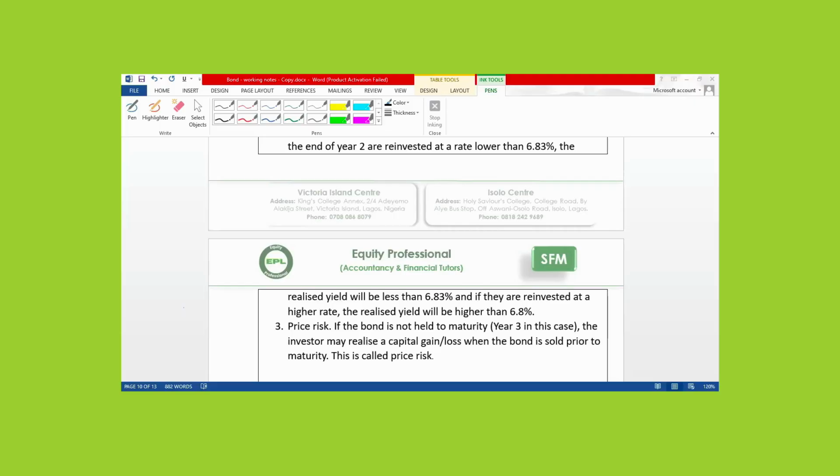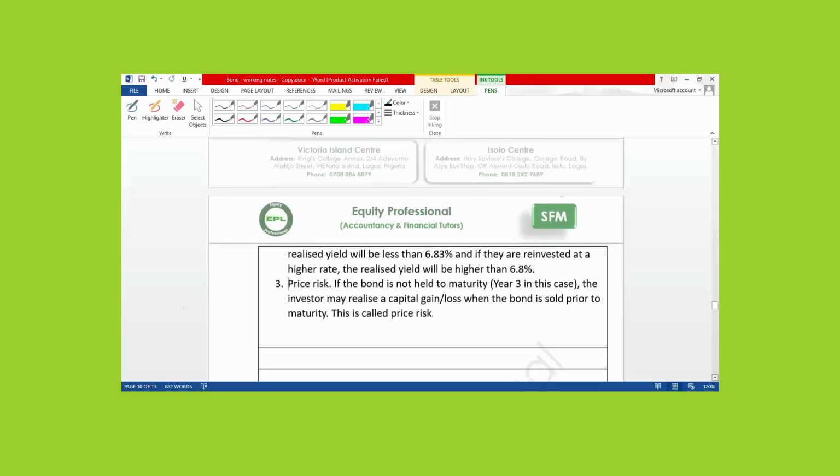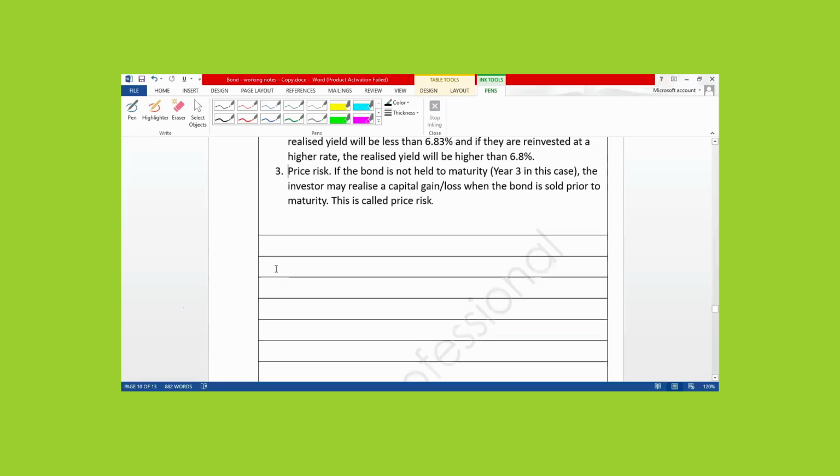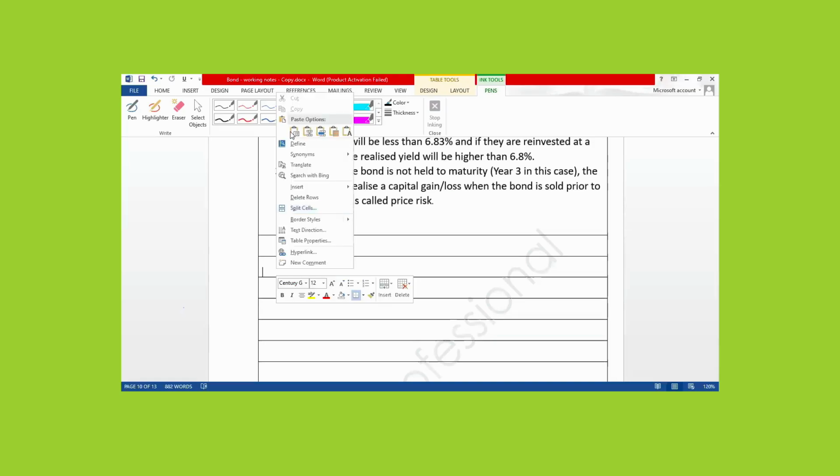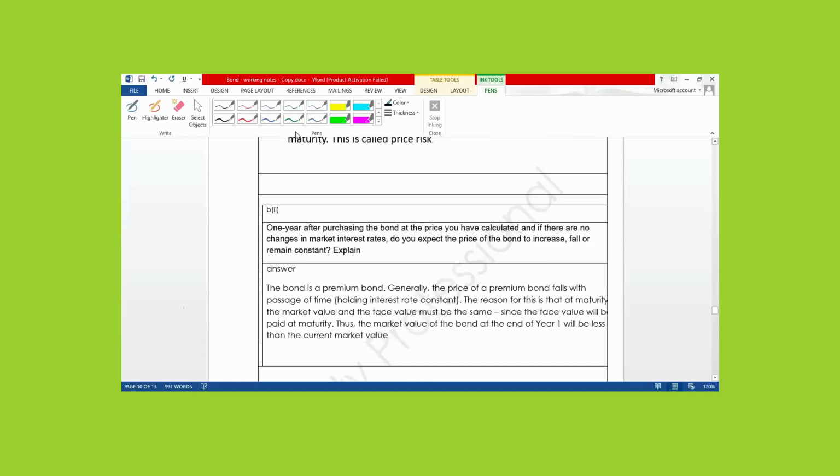Let me copy the question and the answer simultaneously. Requirement B2. Yeah, look at it.